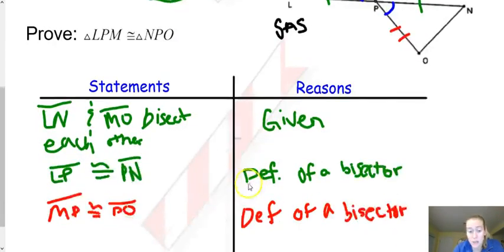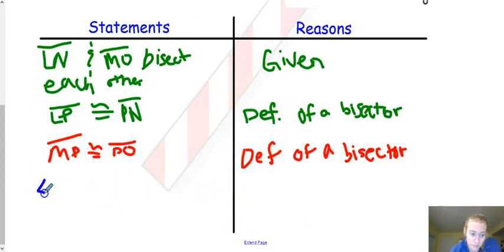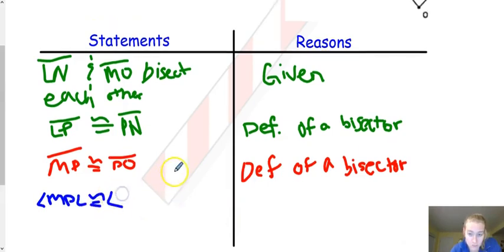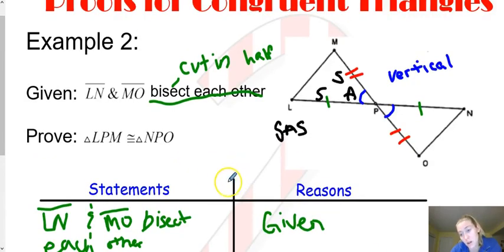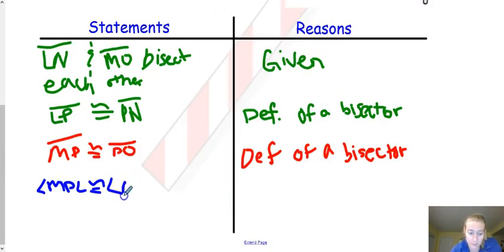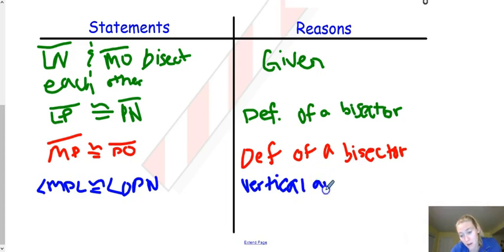So angle MPL is congruent to angle OPN. And we can say this because vertical angles are congruent.